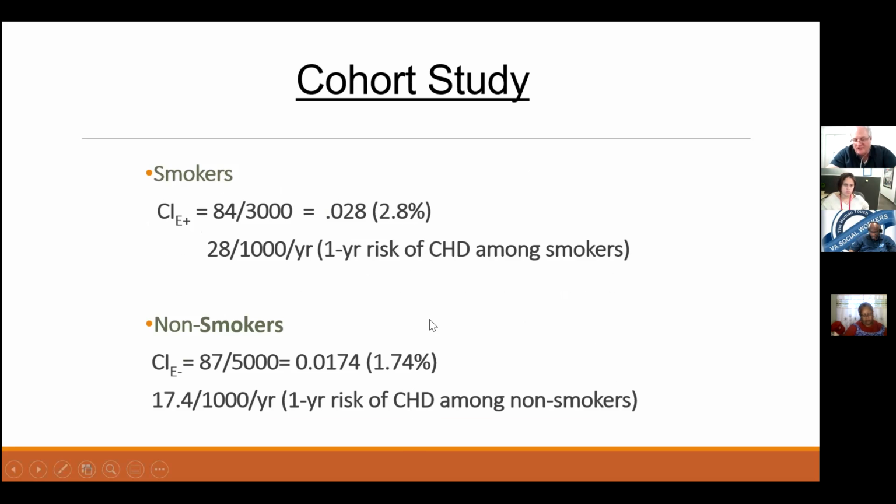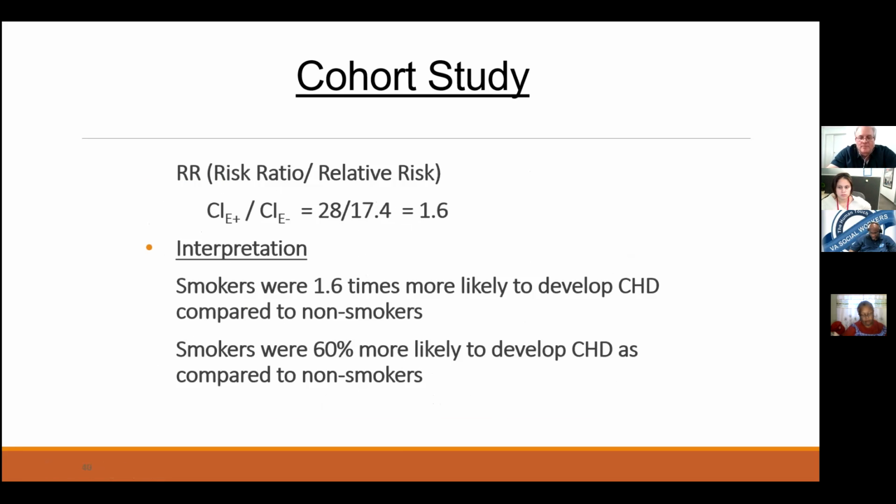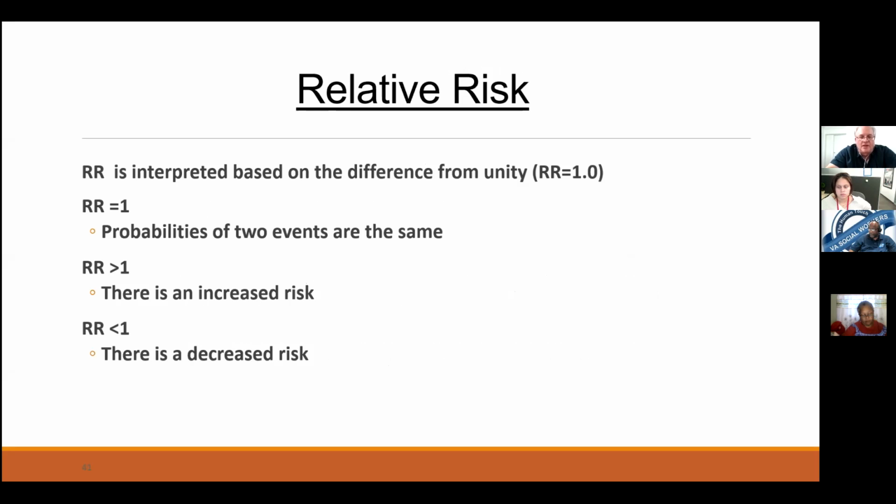And that's what p less than 0.05 means. P less than 0.05, which you see a lot in the articles, means that if there really was no difference between smokers and non-smokers in terms of heart disease, the likelihood you would see this happening is less than 5%. So that's kind of where the p-value is. The relative risk is commonly used. A relative risk of 1 just implies nothing's happening. A relative risk more than 1 implies there's an increased risk if you have the exposure, and less than 1 means you have a decrease.